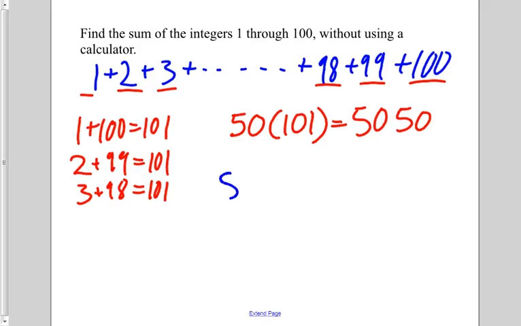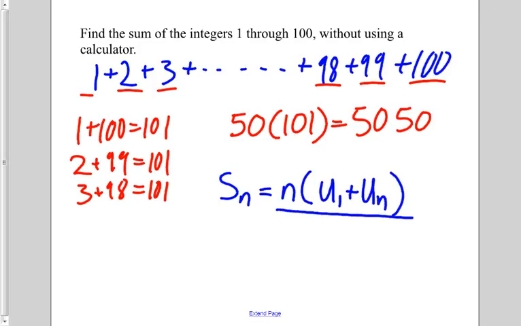In our series of n terms, the sum of the first n terms in the series is equal to the number of items we have in our series multiplied by the value of the first term in our series plus the value of the nth term in that series, all divided by 2. If we look at what Gauss did in this example, there were 100 terms in his series.